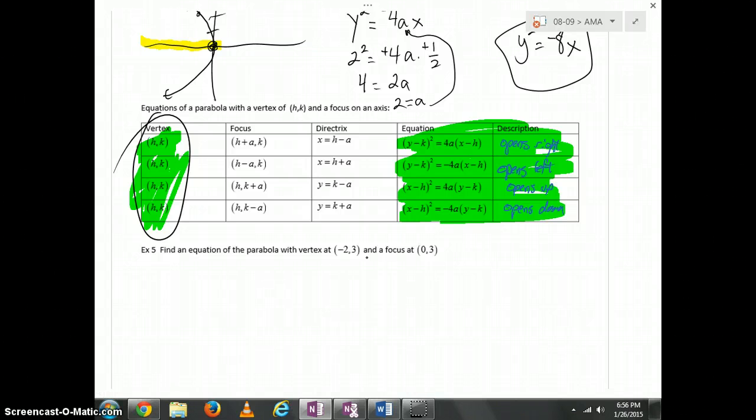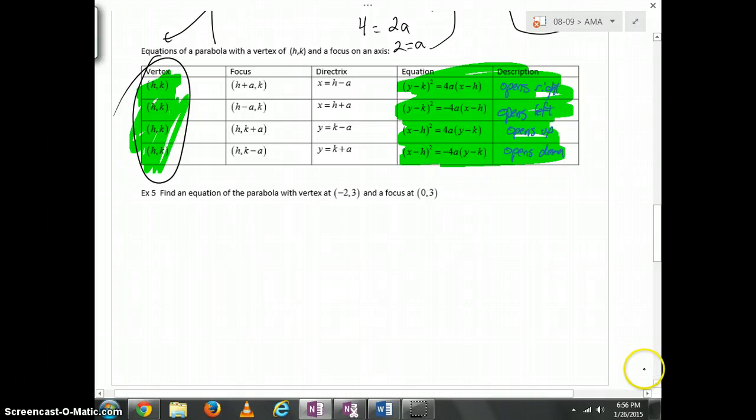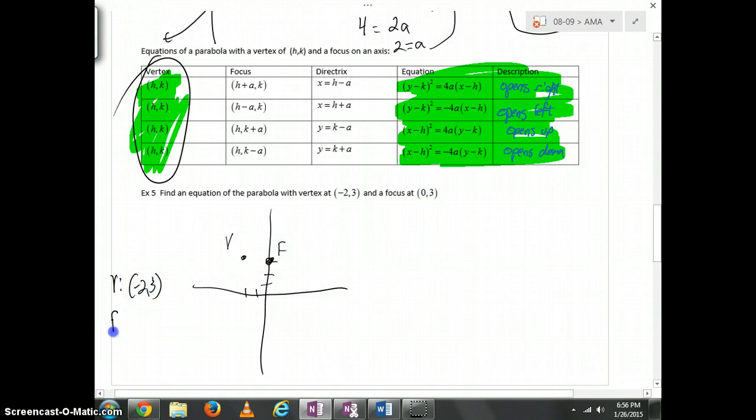Let's see if we could do such a problem right now for number 5. Find an equation of the parabola with a vertex at -2, 3. It is certainly a good thing to graph. Look, 2 to the left, 3 up. Here is our vertex. And we can see quickly that our focus will be at 0, 3. That's right over here. So with a vertex of -2, 3, our focus is over here at 0, 3.